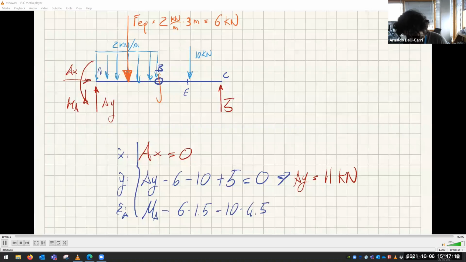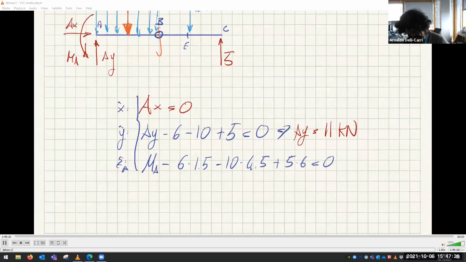And this is positive 5 times 6 equals 0. So that means that MA is 6 times 1.5, 9, plus 10 times 4.5, that's 54, minus 30, 24. MA is 24 kilonewton meters.